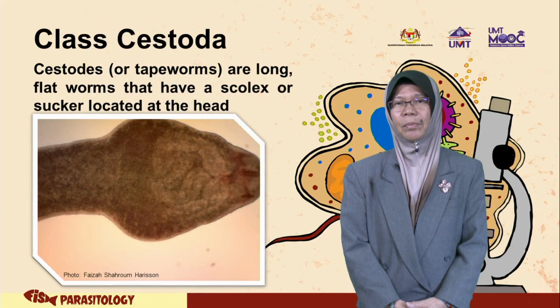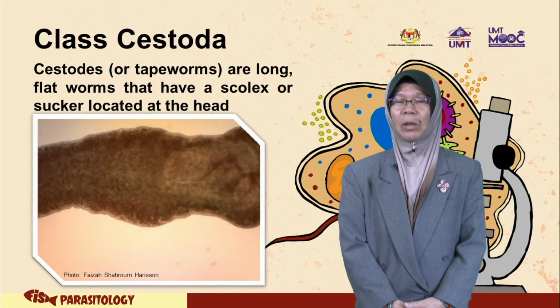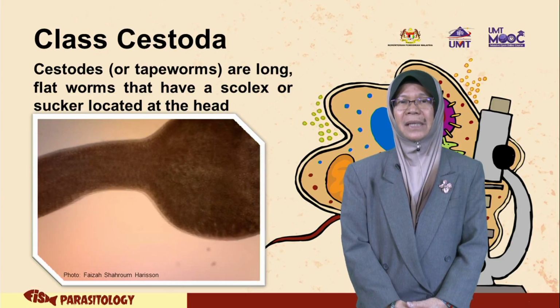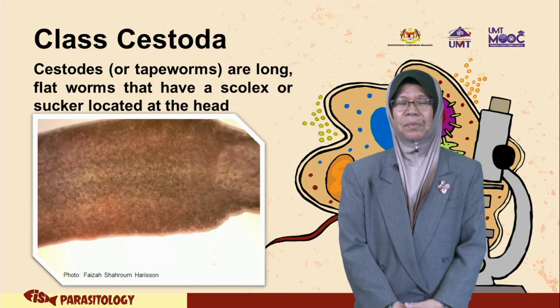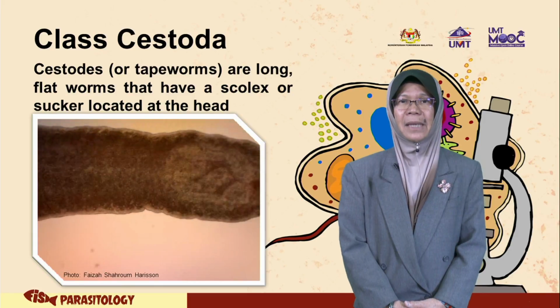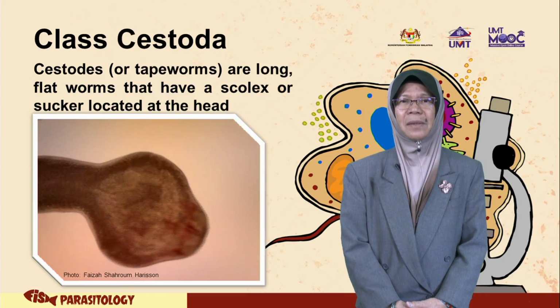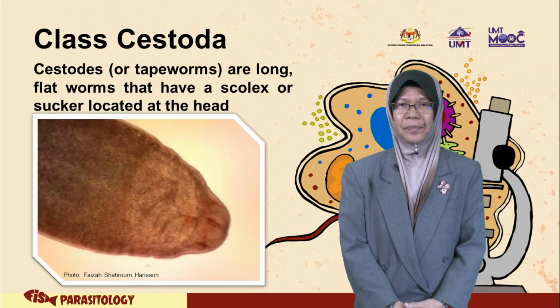Another group of flatworms of economic importance are the cestodes or tapeworms. These endoparasites are found in the internal organs.